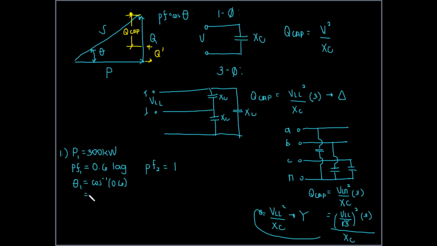Which is equal to 53.13. Whereas for the unity power factor, the new angle is the inverse cosine of 1, which is apparently 0.